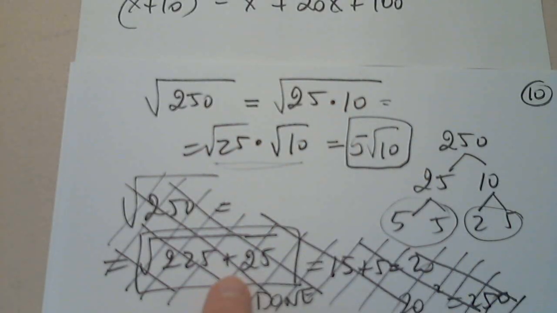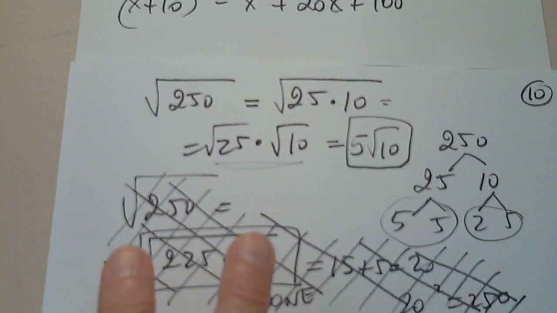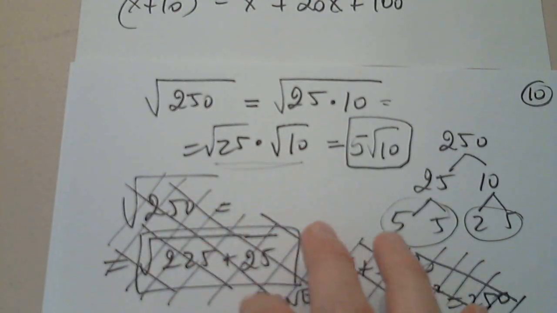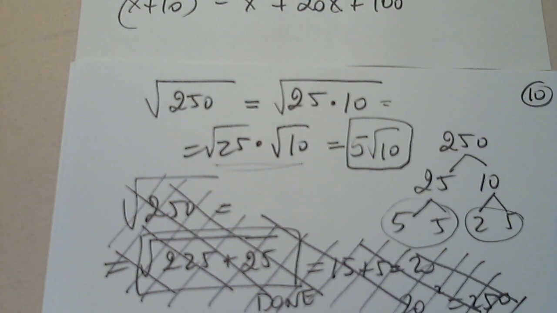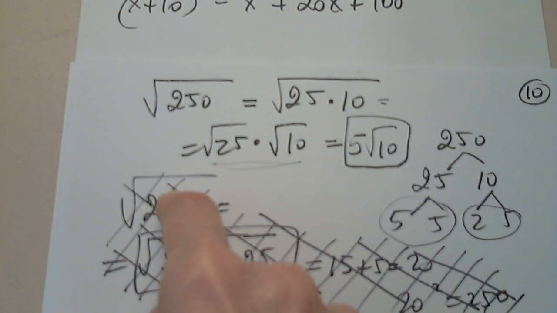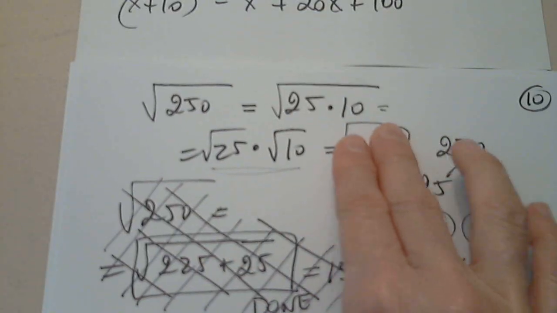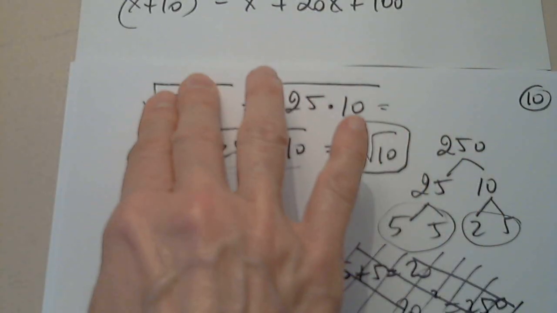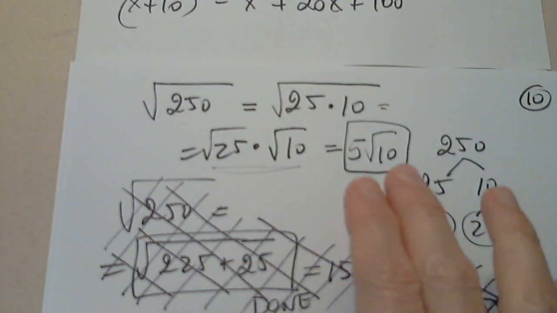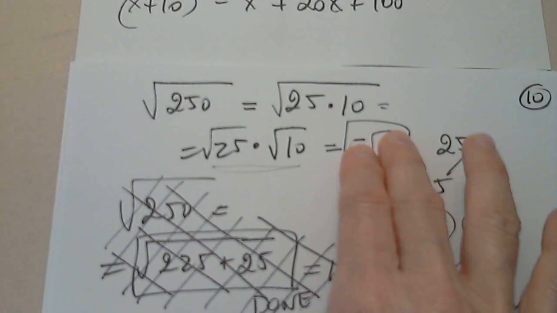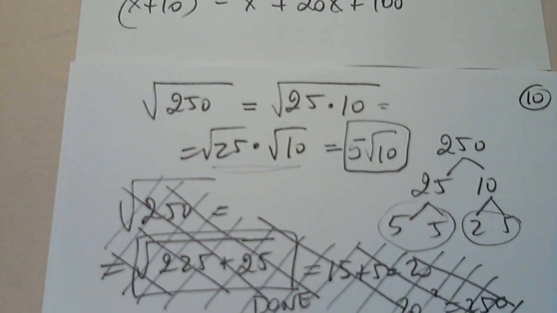If we split them into a sum or a difference, we're not accomplishing anything. We don't reach our target, because this is not the square root of 225 plus the square root of 25, which would have been 15 plus 5, which would have been 20, but 20 squared is not 250. But I guarantee you, if you square 5 the square root of 10, you will get the square root of 250.